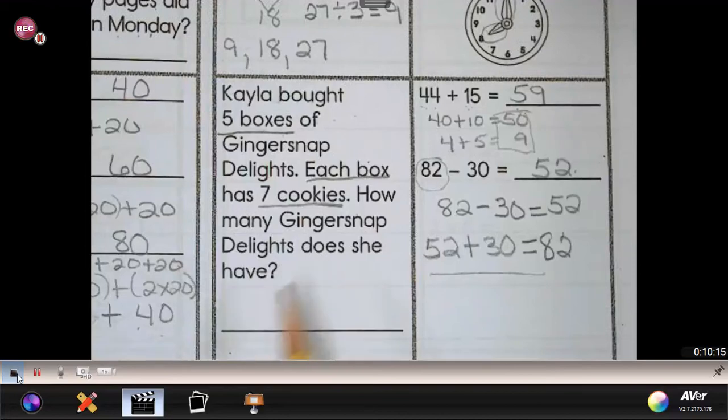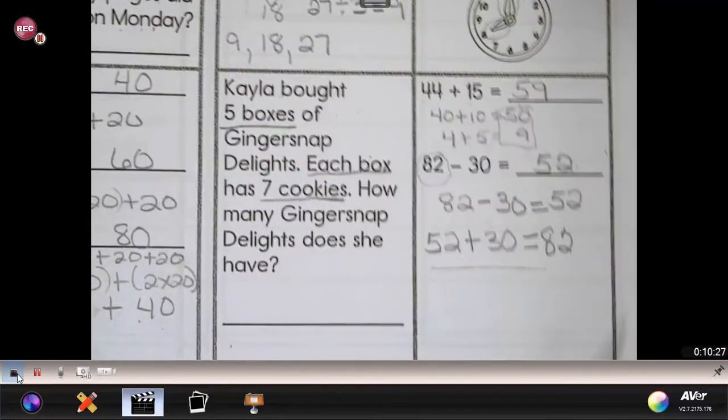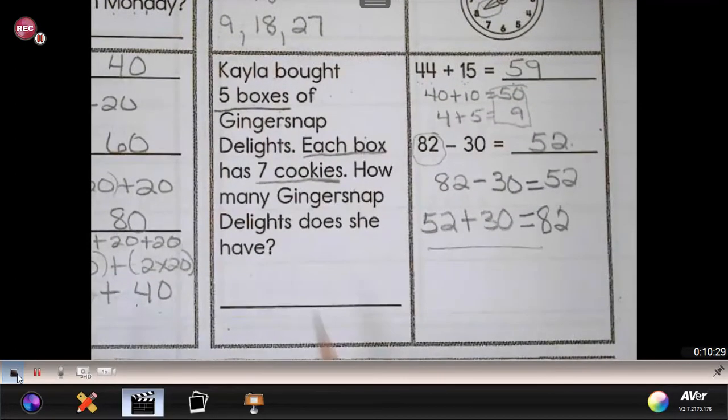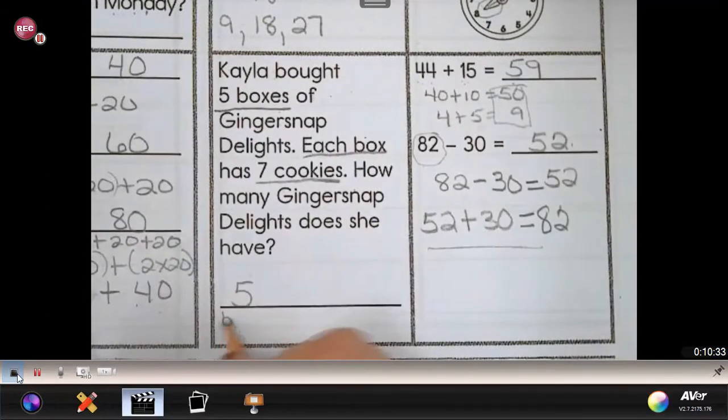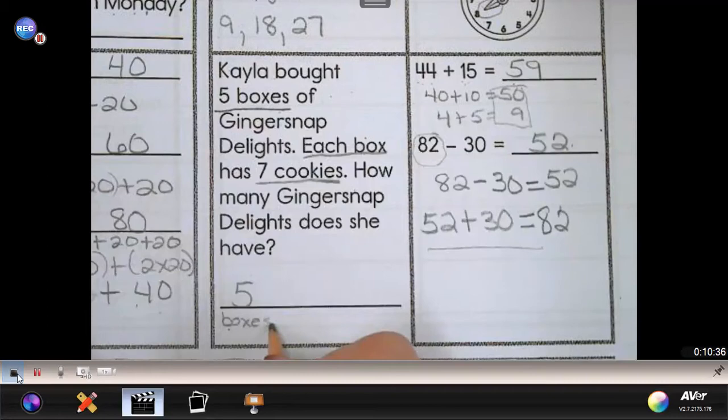So if we're thinking about finding the total number of cookies, we know that we are going to be using, right, multiplication. So we have our groups, which are the boxes. We have the number of cookies in each box.